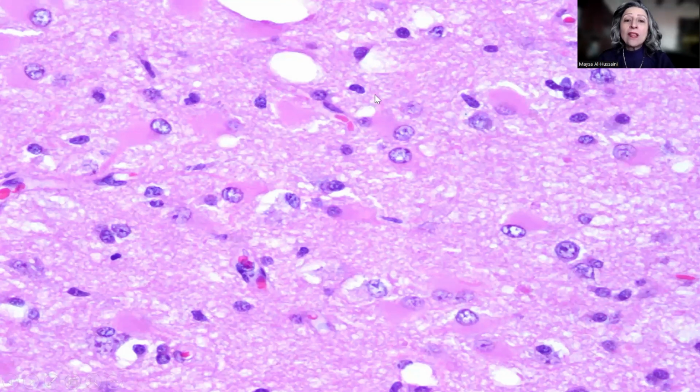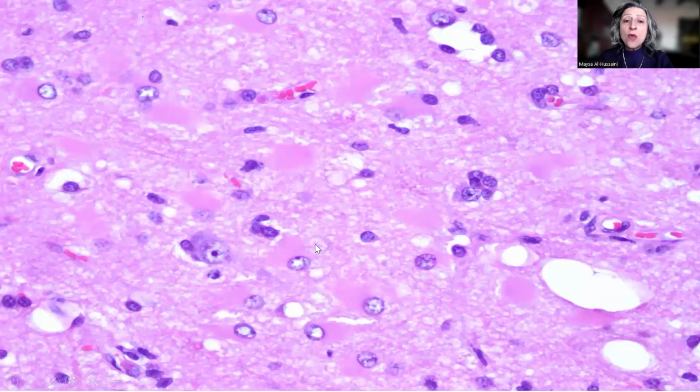Now, this is the white matter just beneath the cortical area, and as you can see here, we start to see gemistocytes, but these are reactive gemistocytes. This is a gliosis that is occurring in the white matter, and this is another focus where we have really an abundance of gemistocytes present.